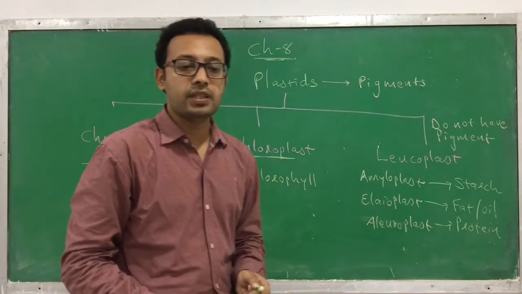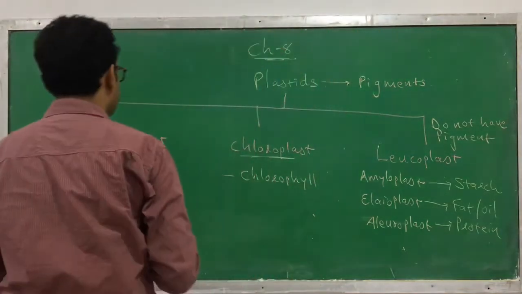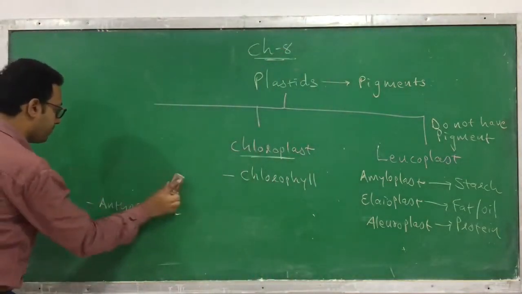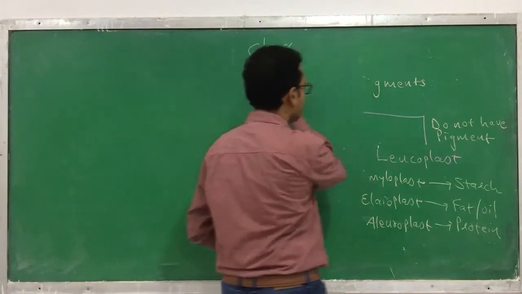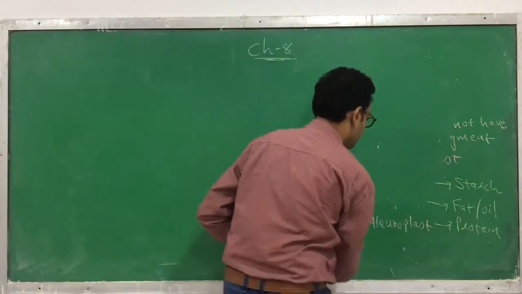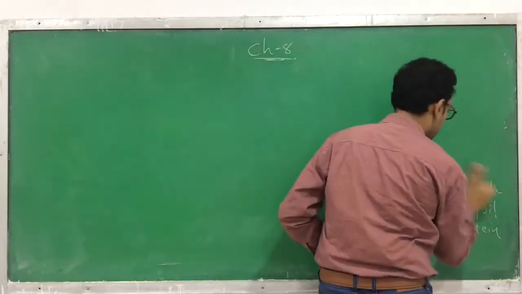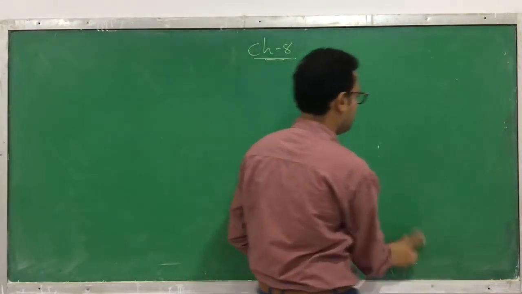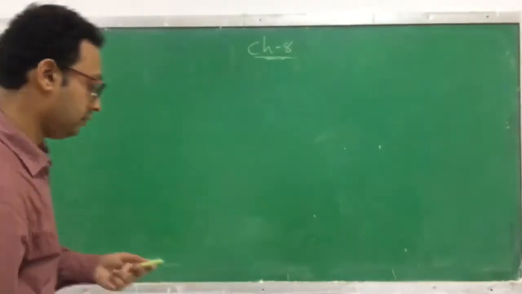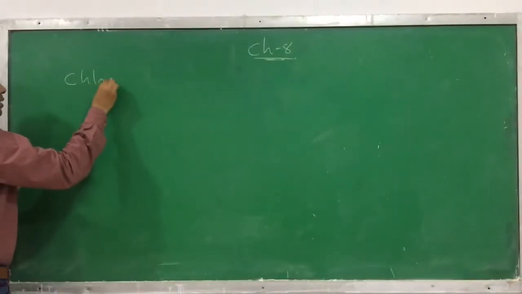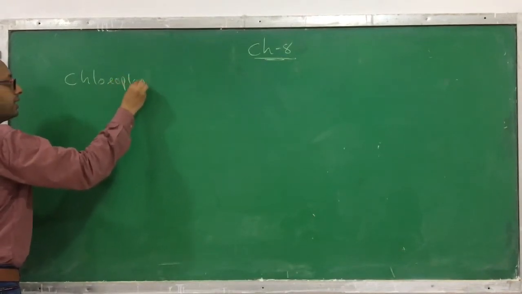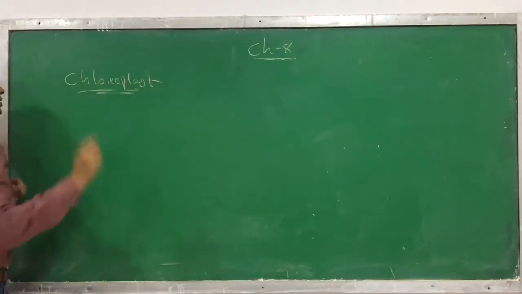Let's start with chloroplast. So now we are starting with the important plastid, and it is chloroplast.